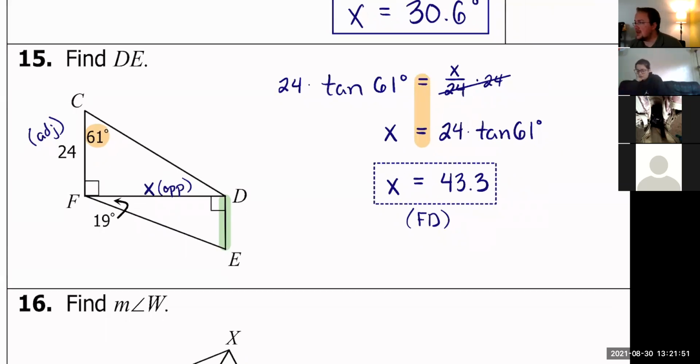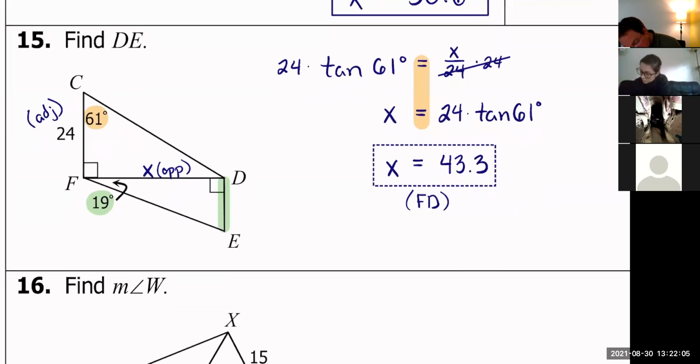So I'm going to say, okay, I now know more than I did before. Coming down to this 19-degree angle, with this as my focal point here, I'm going to change colors. If I'm looking for side DE, which I'm going to label with a Y, I've already used the variable X. I don't want to mix up my labels here.